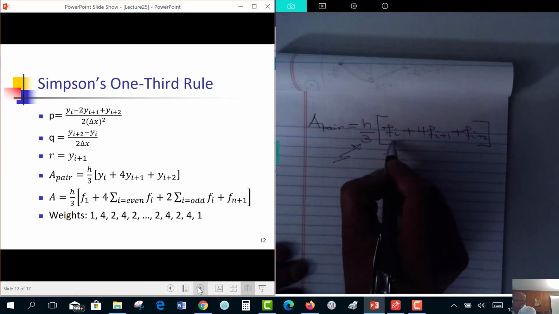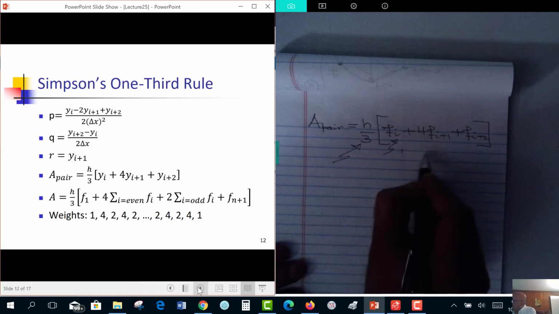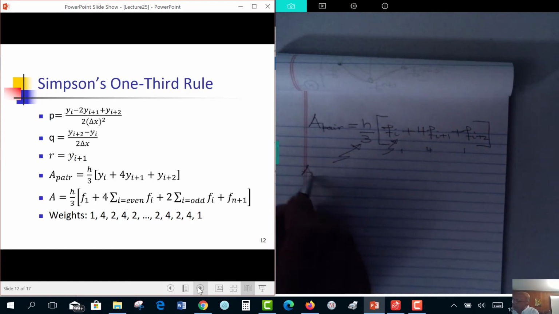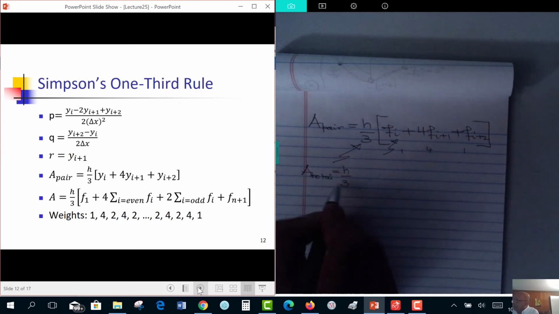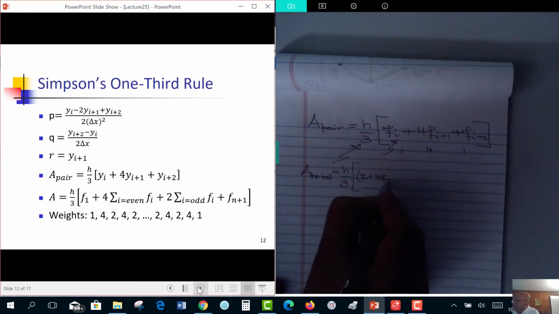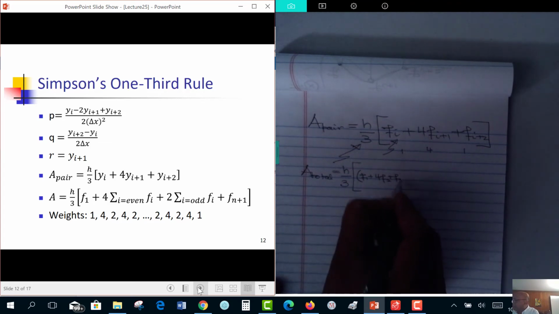Also notice for a pair of strips, our weights are 1, 4, 1. So now if we want to total up all the pairs, h over 3 is a common factor. For the first pair, we'll write f1 plus 4f2 plus f3.